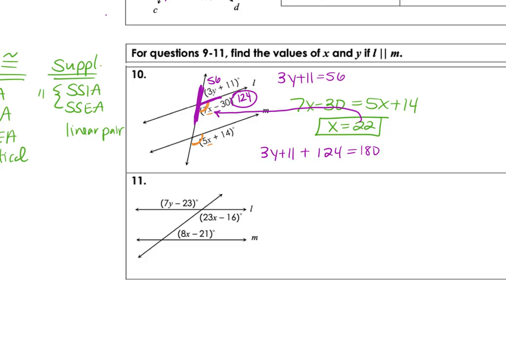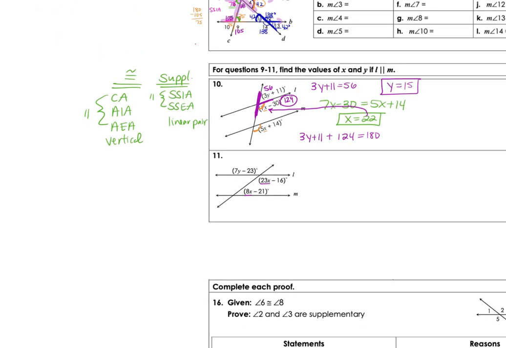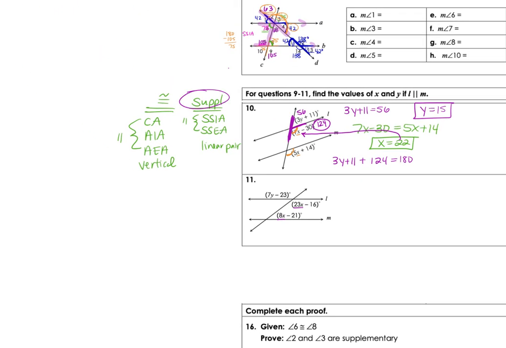This one, y came out to 15. Okay, so that's how you would solve number 10. Look at number 11. The two that have the x's, those are same side interior angles, which we know are supplementary.